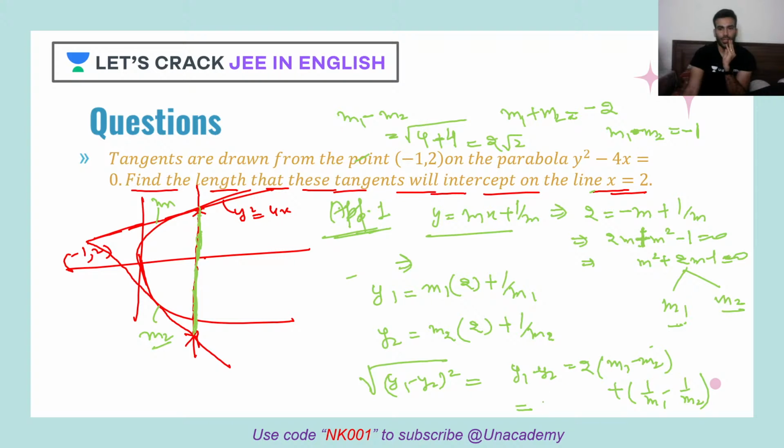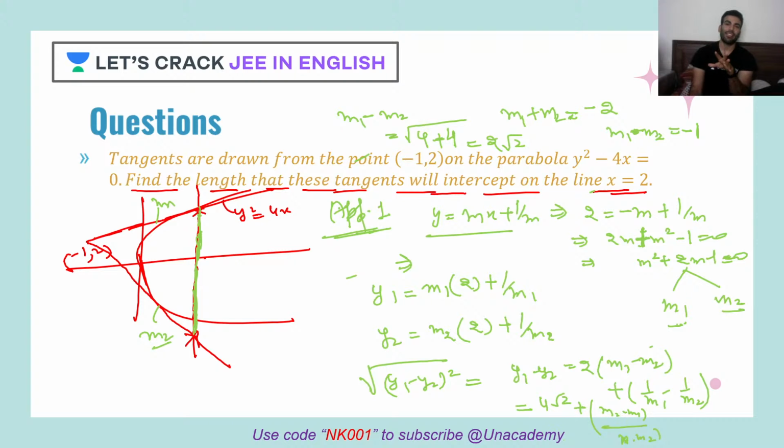So let's directly put it here and save our time. So 4 root 2 plus, in your numerator you'll have m2 minus m1 upon m1 m2. m1 m2 we already know is minus 1 here. What is m2 minus m1?